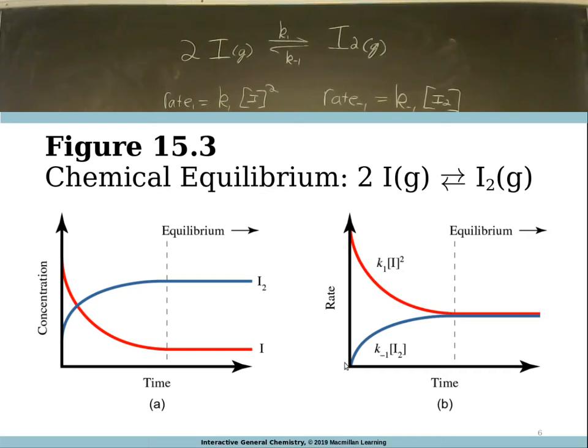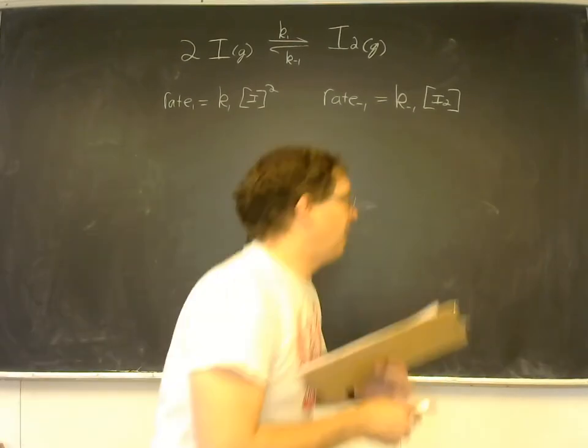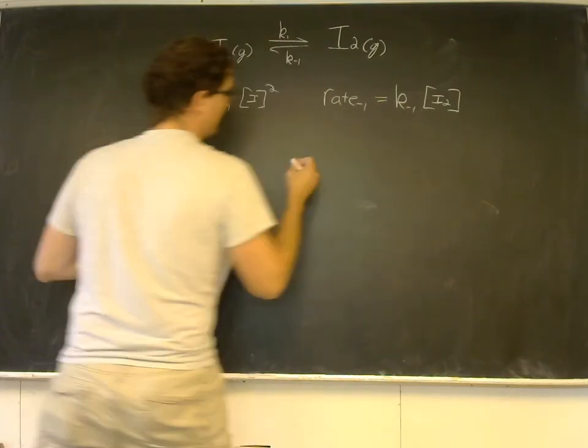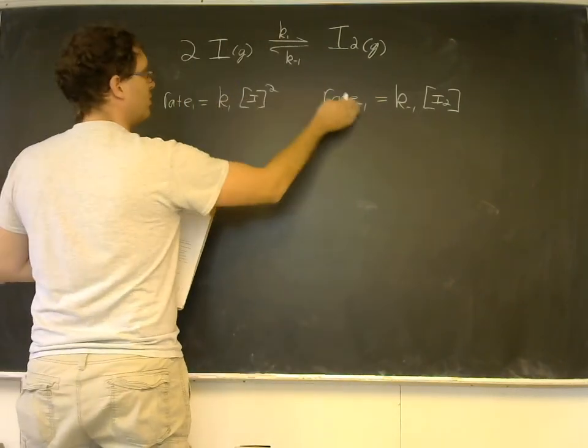The reverse rate, k-1 times the concentration of iodine molecules, will start at 0 because there are no iodine molecules, and it will rise as we build up I2. They will reach a point where the forward and reverse rates are equal to each other, and that is equilibrium.